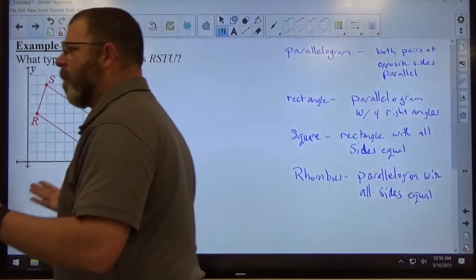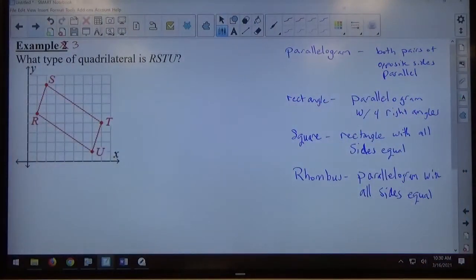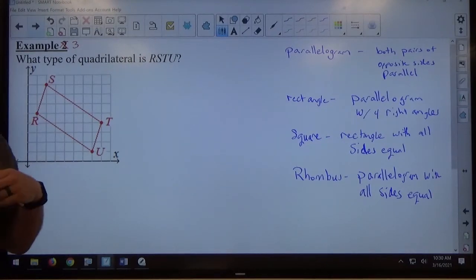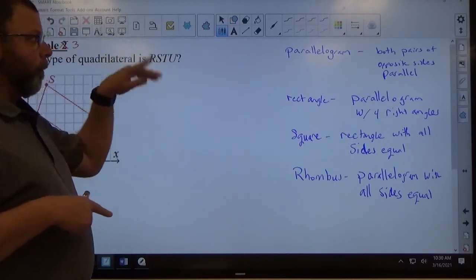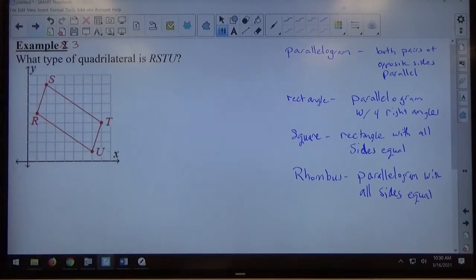So once you go to the trouble of finding out it's a parallelogram, then look to see what the lengths of the sides are to see if they're the same length, in which case it's either a rhombus or a square. If you've got the right angles, square. If you don't have the right angles, rhombus. The other 2 types, we'll deal with in examples 4a and 4b, that involves a trapezoid or a kite. So if it looks like a parallelogram, start with the parallelogram idea.